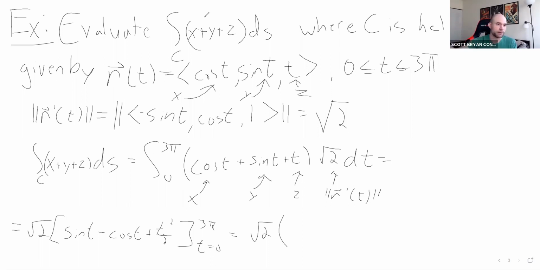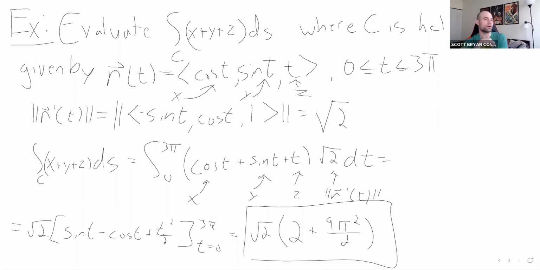Minus cos of 3 pi minus cos of 0. So that's negative negative 1, minus 1. So that is 2. And then the t squared over 2 evaluated at 3 pi is going to be 9 pi squared over 2. And that is our final answer.